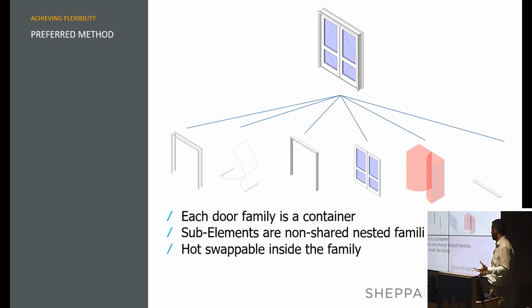It means that you can swap these out quite efficiently when you're building the families, and I'll demo that. Once you've got this approach where you're building these individual parts, you build essentially kits of parts, so you build 50 odd different types of leaf and different types of frames, different swings and all that kind of stuff.